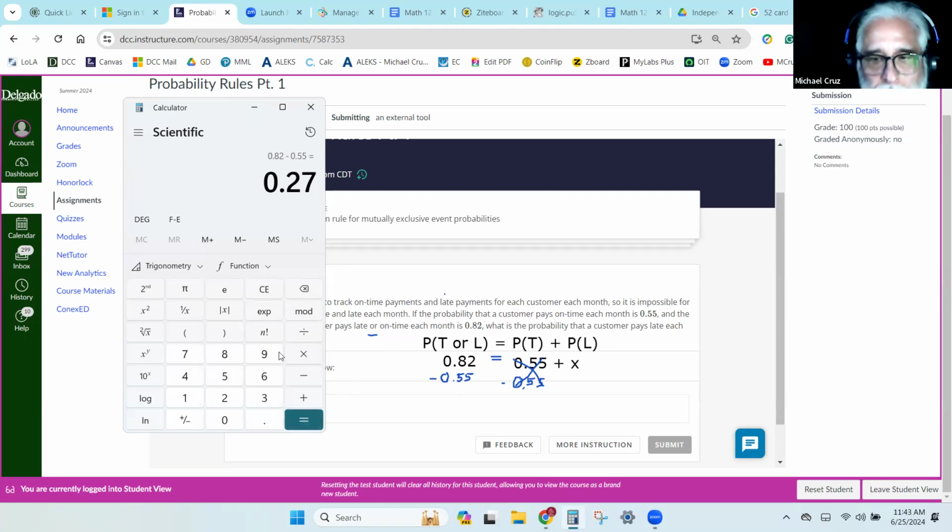So then this is 0.27 is equal to the probability of late.